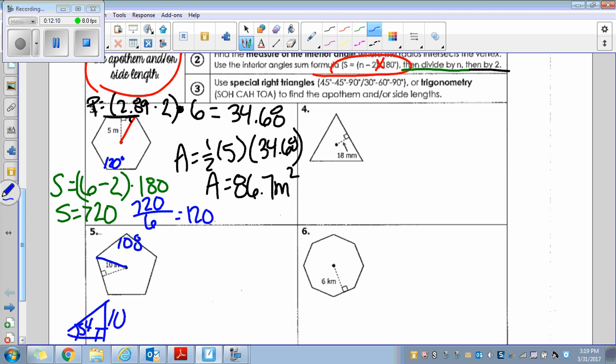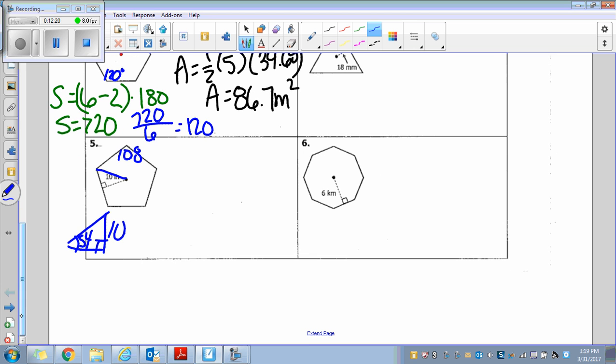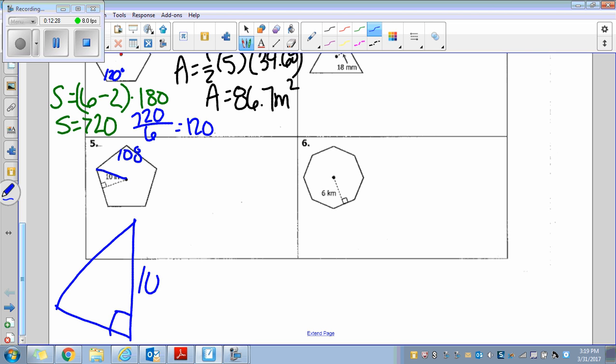So I can't use the special right triangle cases, but I can use SOHCAHTOA in order to solve for my missing side length. In this case, I'm just going to draw this a little bit bigger. The apothem is 10. We're looking for this side of the triangle, which we're going to call X.